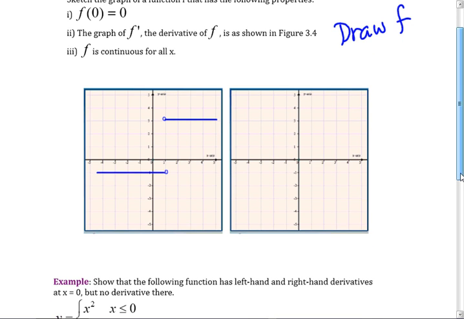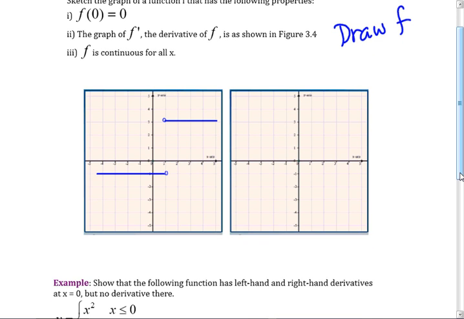Okay, so when I analyze this, remember now this is f prime, which is the slope. So they're saying that when x is smaller than 1, that's this part right here, x is less than 1, what's the slope equal to? Negative 1. Okay? It's always negative 1. So I can graph points.